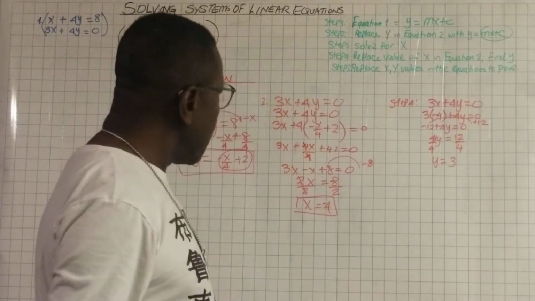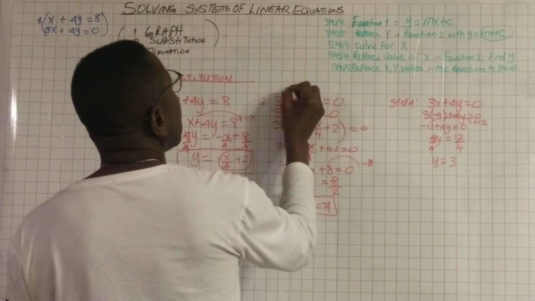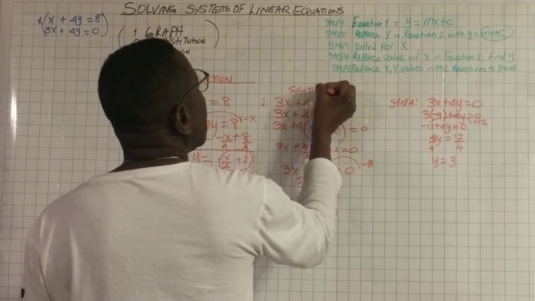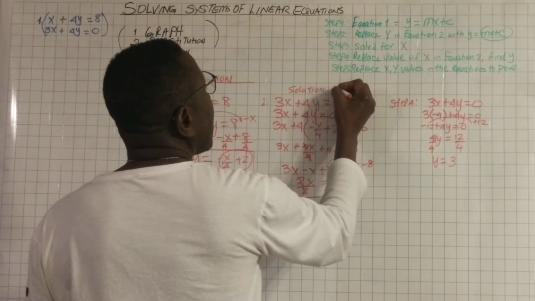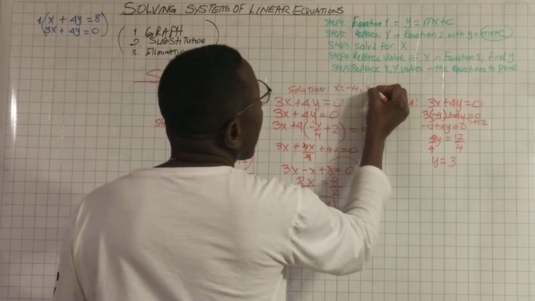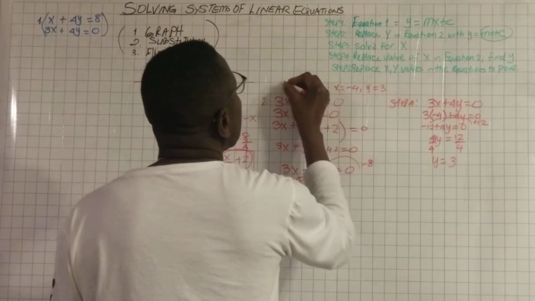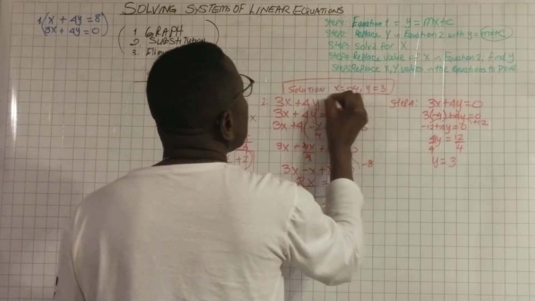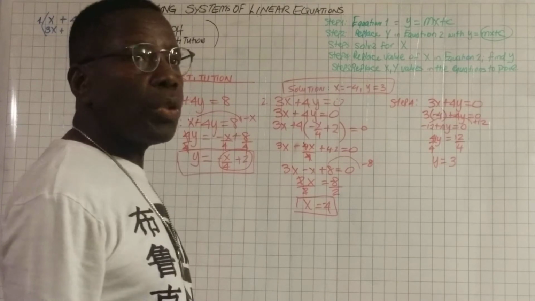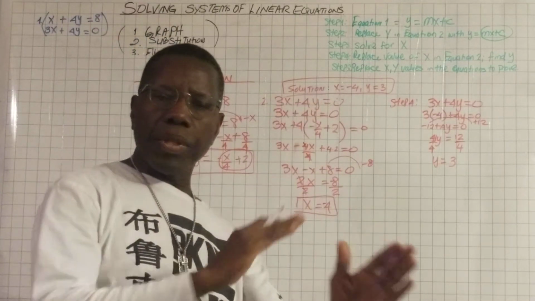So the solution to our equation is now x is equal to minus 4, y is equal to 3. So this is the solution to the equation. Same equation solution we found when we used the line graph.